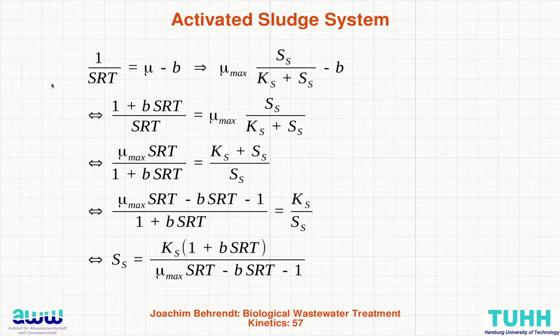Finally we know that mu, in this case where the oxygen concentration is high enough or constant, we can express mu with this Monod kinetics approach, and then we have the relation between the sludge retention time and the substrate concentration in the effluent.